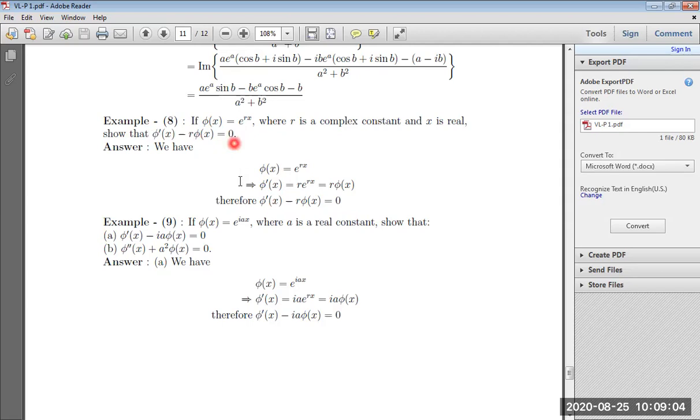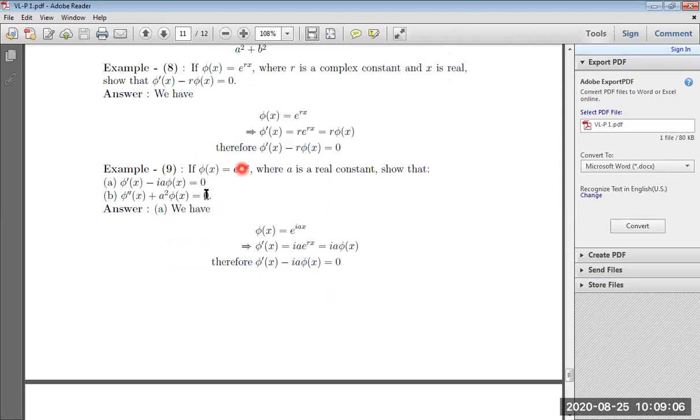Now here in the last example, phi of x is equal to e to the power iax, where a is some real constant. You have to see that both are differential equations. This is a first order differential equation. This is a second order differential equation. So take the first derivative, and for part B, take the second derivative. First derivative, then second derivative, and just rearrange.